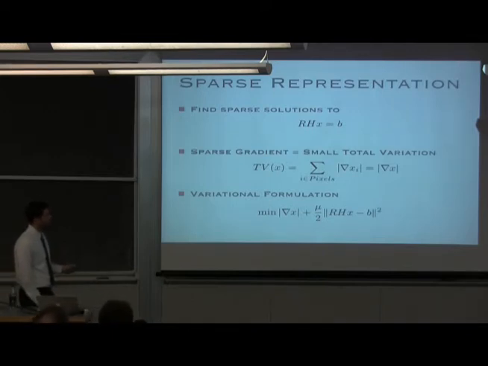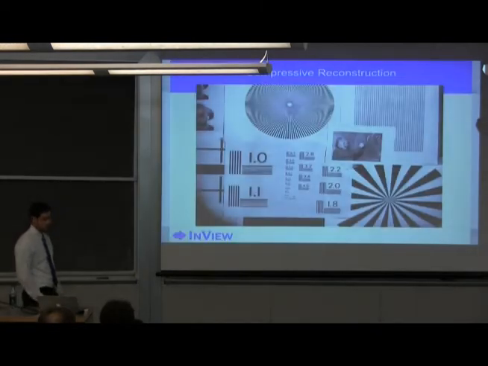So the types of variational reconstructions we use, we solve problems with objective functions that look like this. We want to minimize the energy with two terms. The first term says that the Hadamard modes of our image X have to look like data that we've acquired. The second term says that the image has to be smooth in a total variation sense. So here's some examples of actual reconstructions.